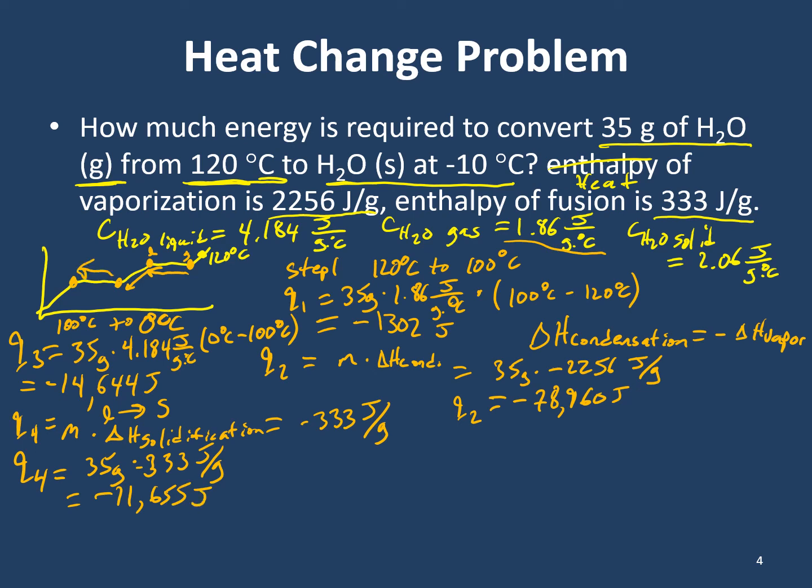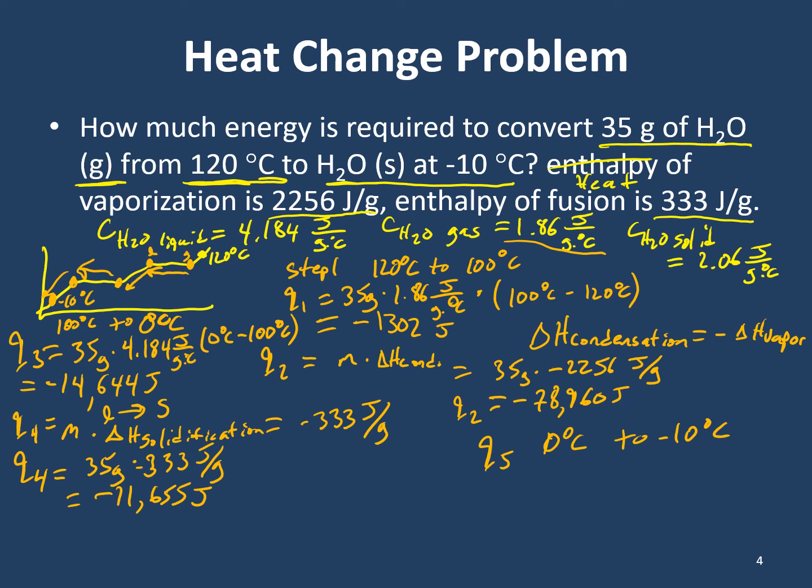The last step, right? We went there, then now we're here. We need to go to here, which is negative 10 degrees Celsius. So Q5, now we're in the solid state, is going from 0 degrees Celsius to negative 10 degrees Celsius.